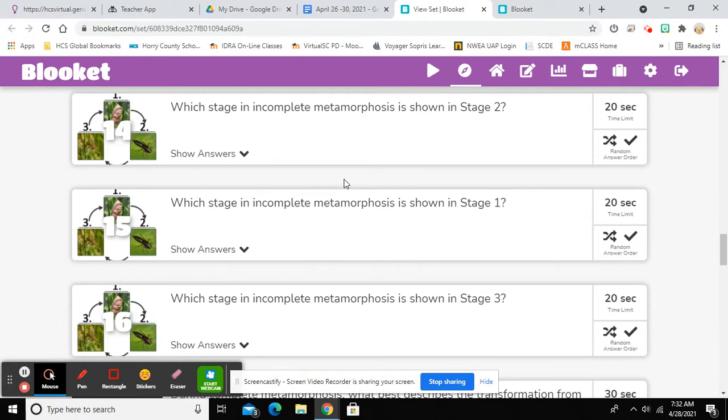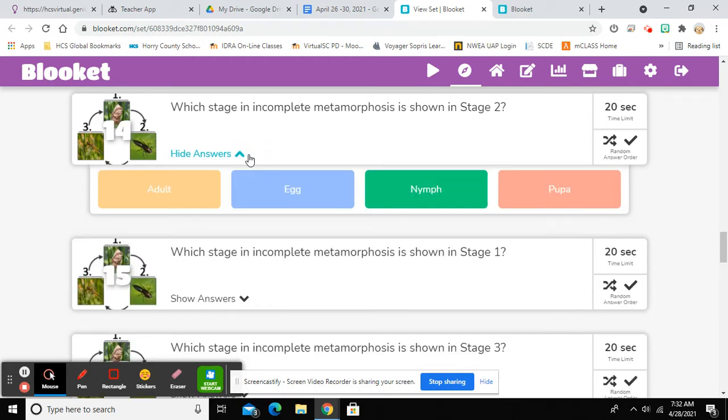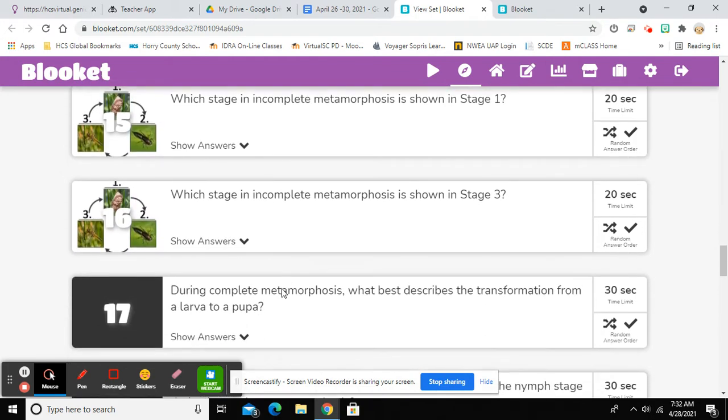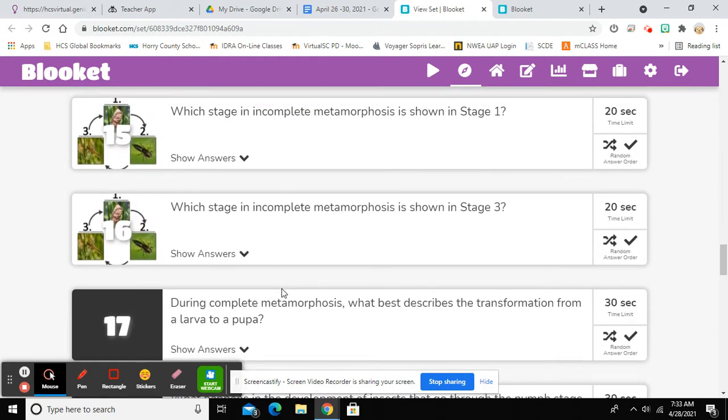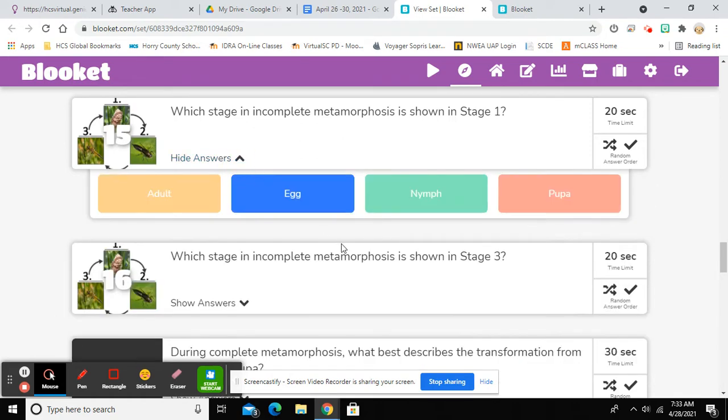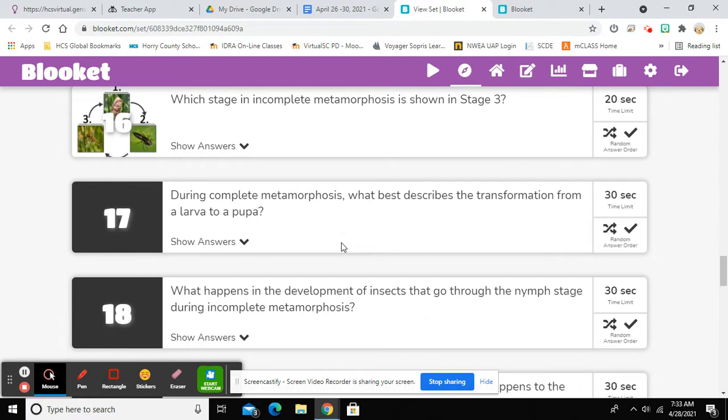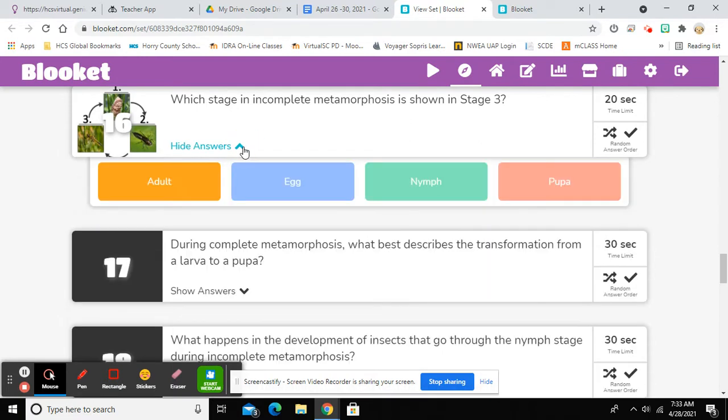Which stage in incomplete metamorphosis is shown in stage 2? Which stage in incomplete metamorphosis is shown in stage 1? Which stage in incomplete metamorphosis is shown in stage 3?